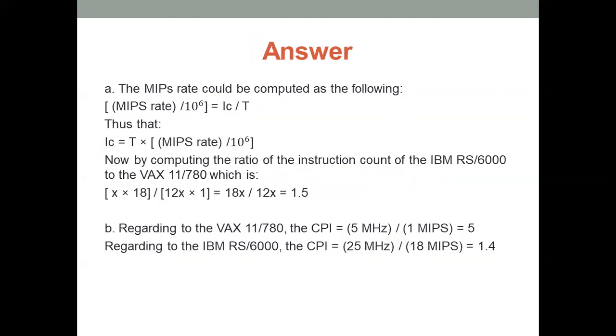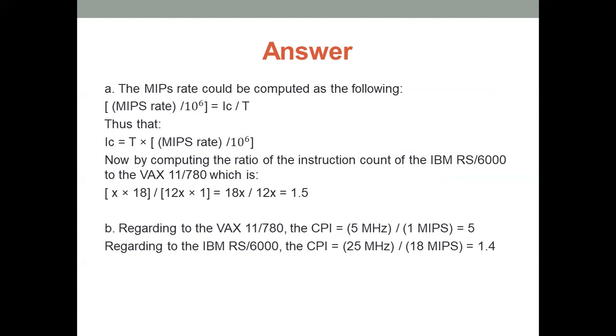The MIPS rate could be computed as follows: MIPS rate divided by 10^6 equals IC divided by T. Thus IC equals T multiplied by MIPS rate divided by 10^6.